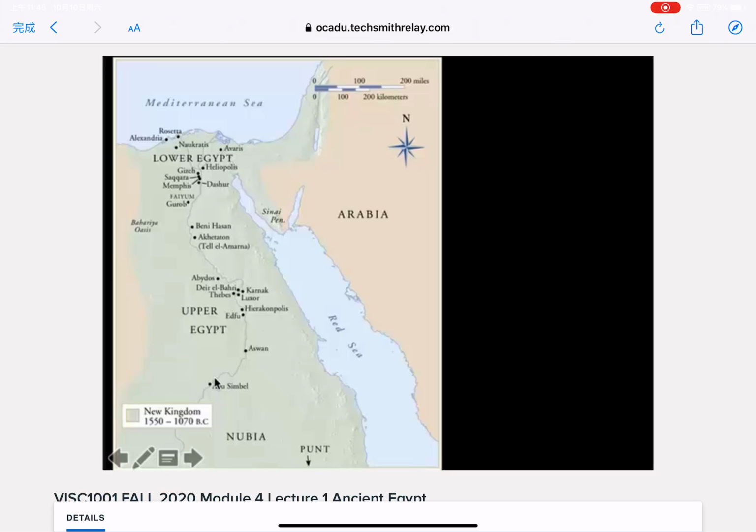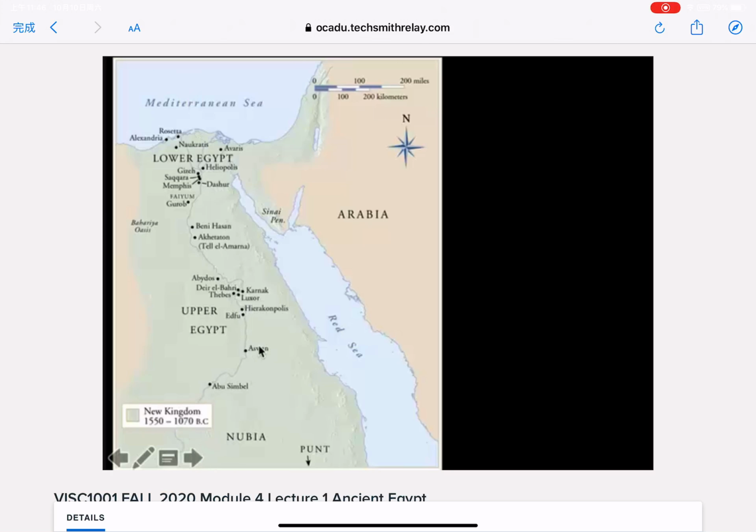The reason they're identified this way is that Upper Egypt has nothing to do with the verticality of your screen. Upper Egypt refers to the area of ancient Egyptian civilization that is further up the Nile, closer to its source in Central Africa, while Lower Egypt refers to the region closer to the river basin that empties into the Mediterranean Sea.